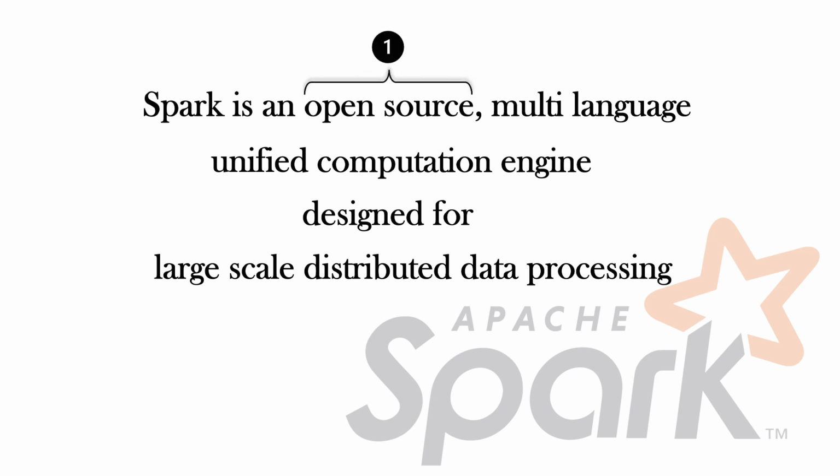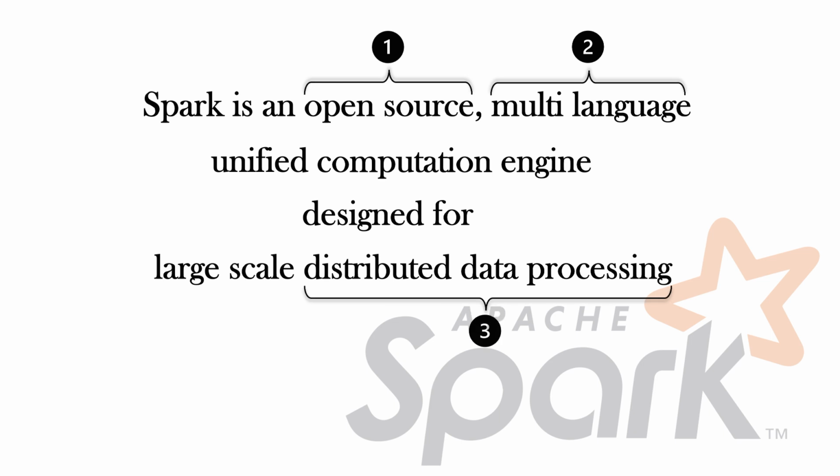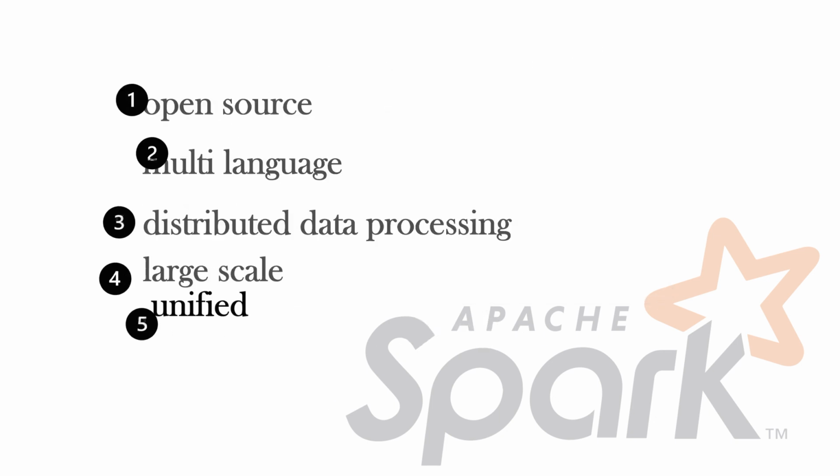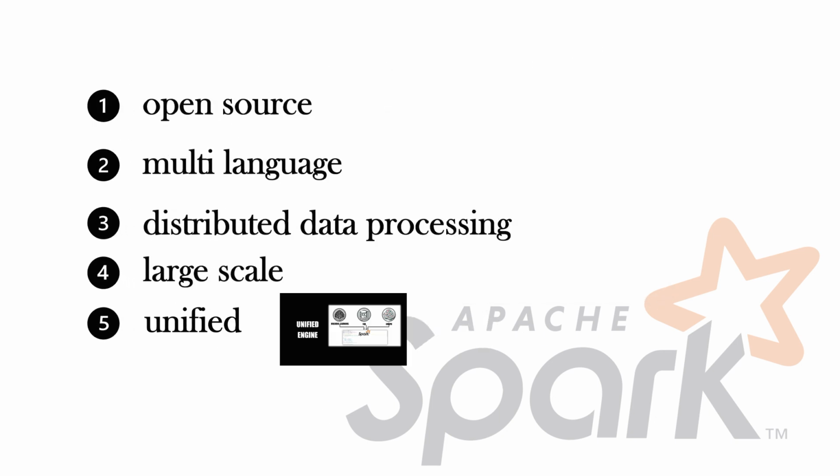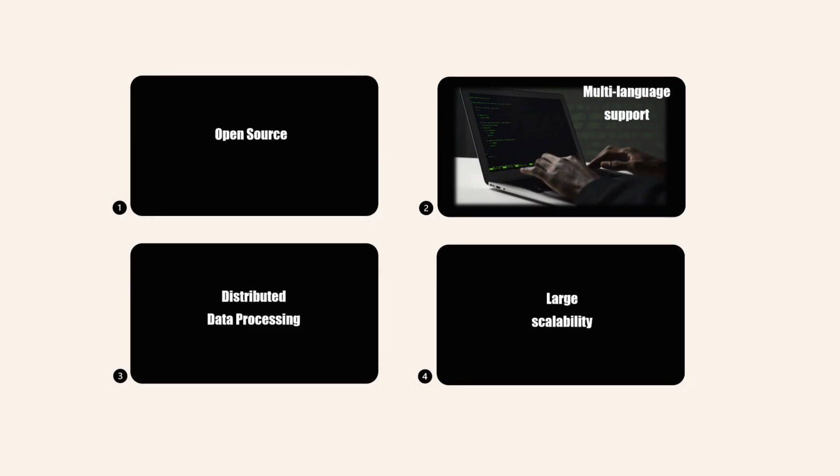One is open source, multi-language, distributed data processing, large scale, and unified. Let's look at all of these one by one. I'll keep unified towards the end of this video, so be a little patient. For now, I'll focus on these 4 points: open source, multi-language, distributed data processing, and large scale.